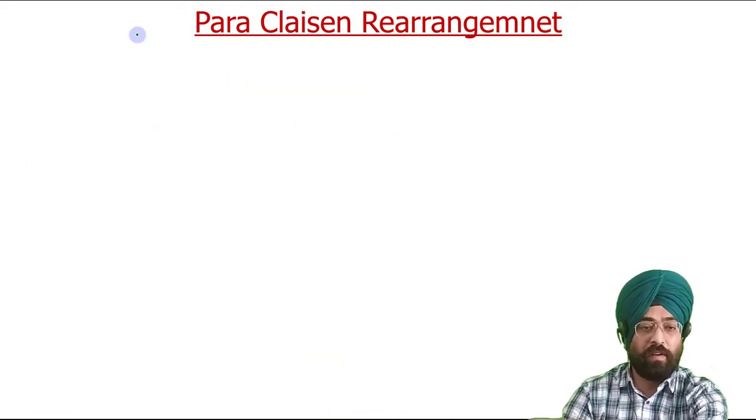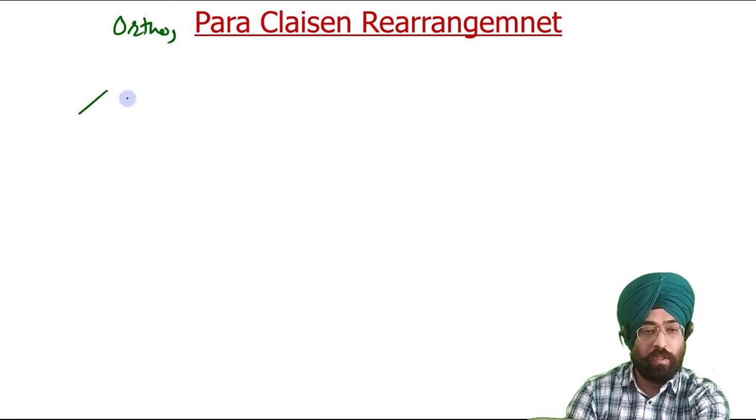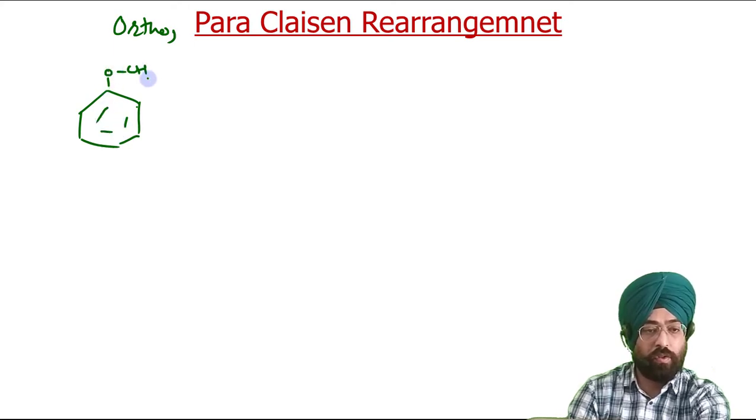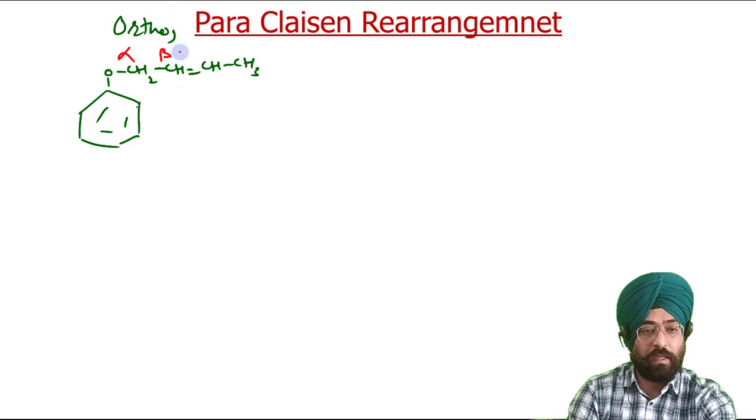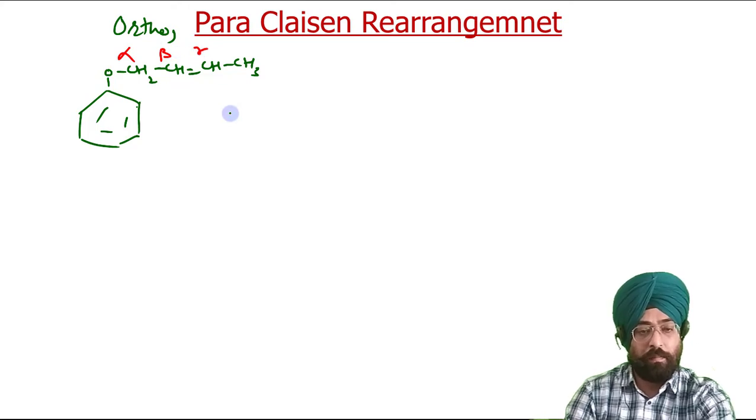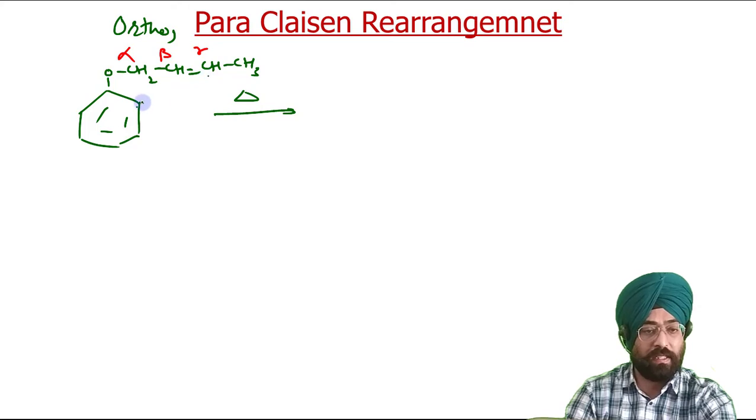So if I have to compare ortho and para, let us try to compare the example that we have done. If we have this product, O, CH2, CH double bond CH, CH3, this is your alpha, beta, gamma. Then in ortho rearrangement, this gamma position gets attached here.